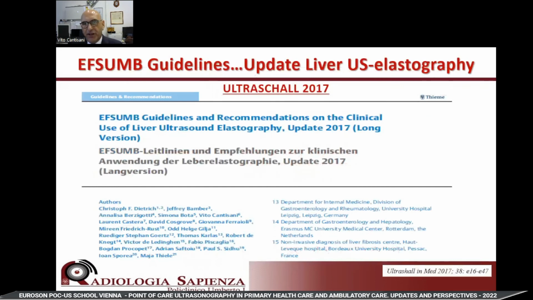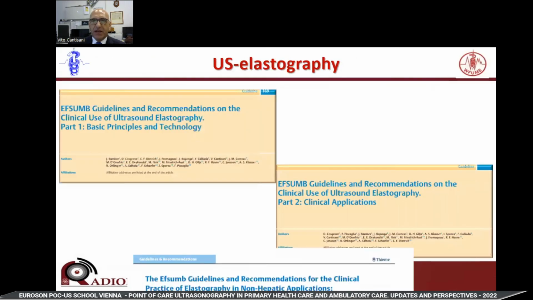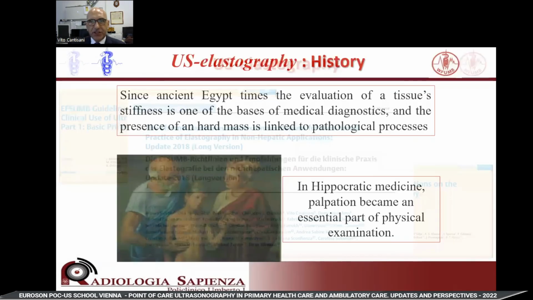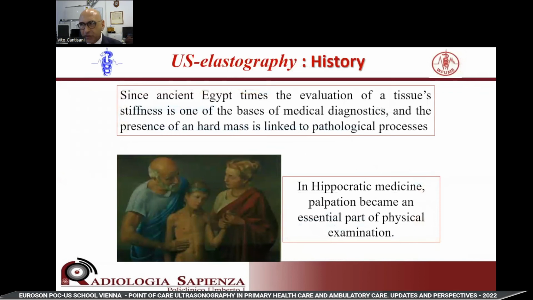I had the privilege, together with all friends from EFSUMB, to provide recent guidelines, one for liver and the other one for non-liver applications. And if you download them for free, you can find any kind of additional information.